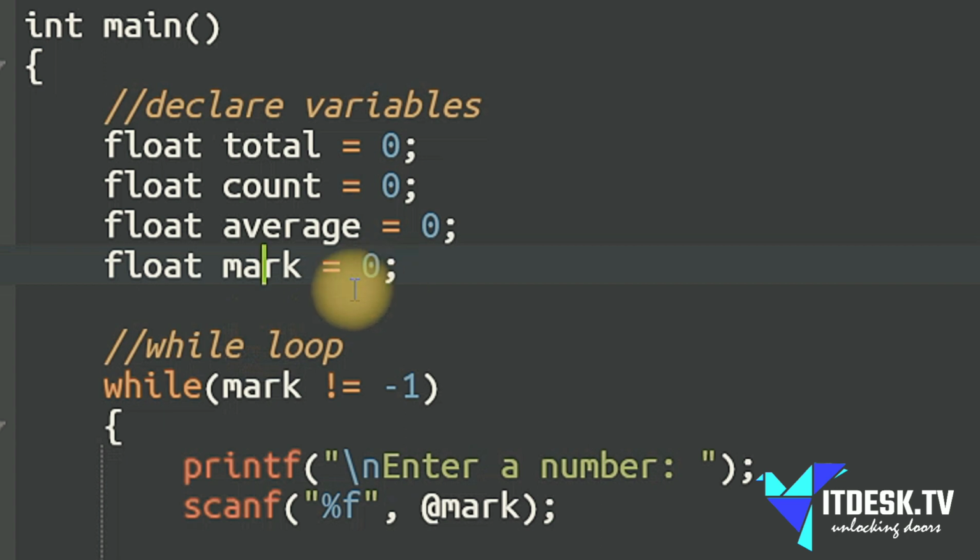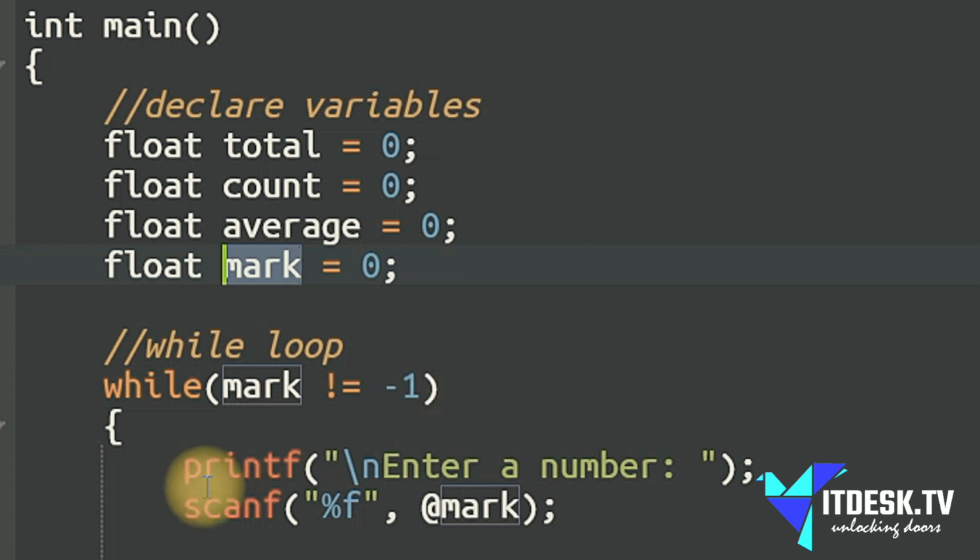Remember, at this point mark is 0, but the first time it loops through, it's still 0, and unless you enter -1, it's going to ask for a number. So that was the initial thing. They wanted it to keep asking for the number as long as the value called mark is not -1. So it's going to do it forever until you put -1 in there, and then it's going to stop.